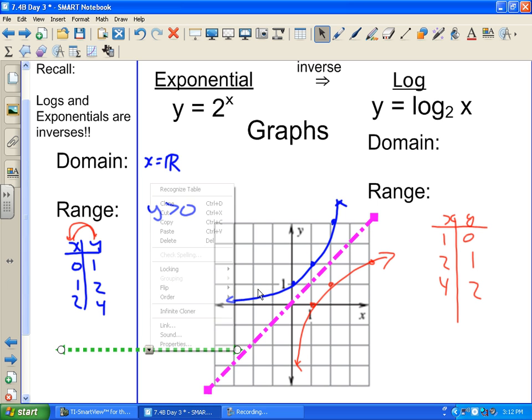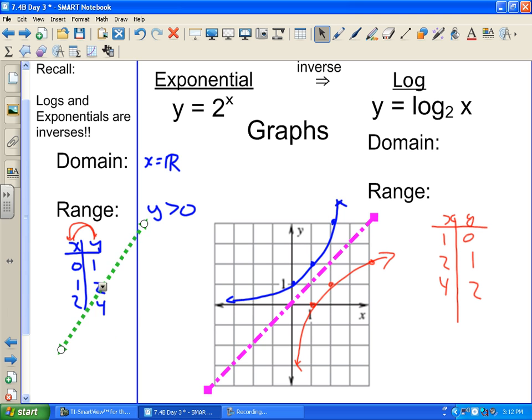Oh, that didn't work. Flip it up, down. That didn't work either. So I want to take this asymptote, and when it was a horizontal asymptote, it is now going to be a vertical asymptote for my log functions.